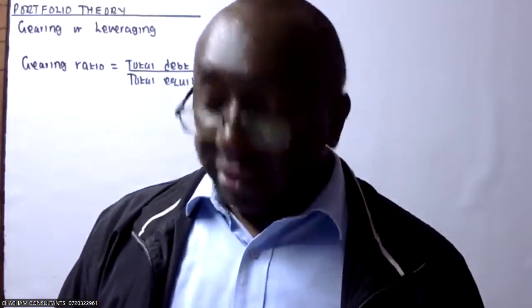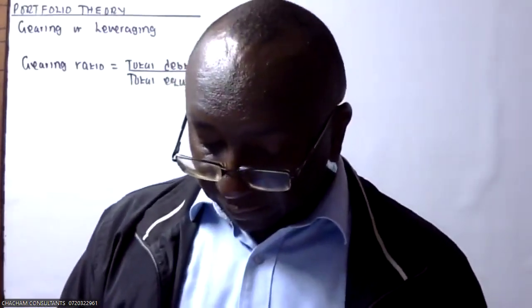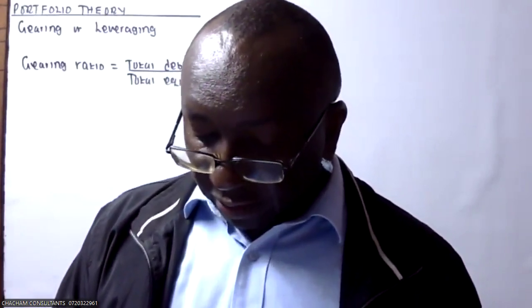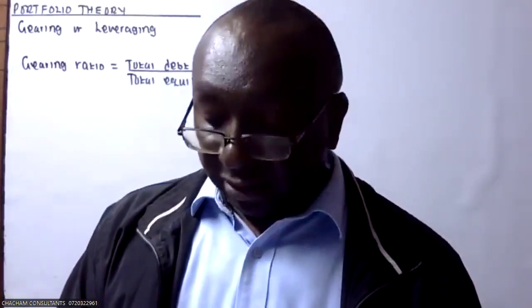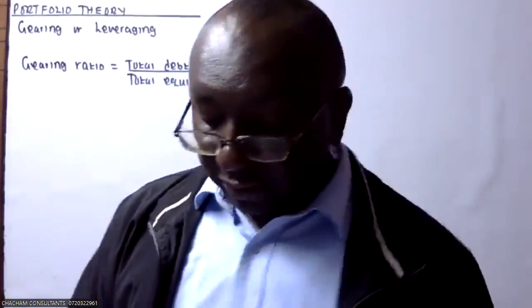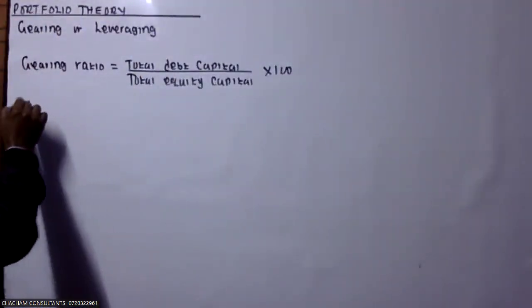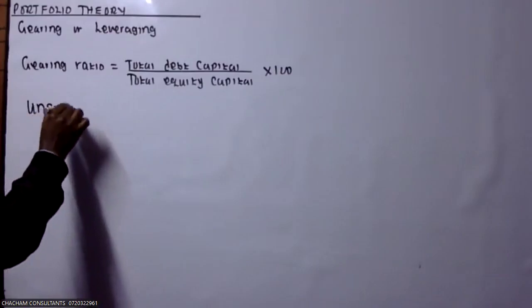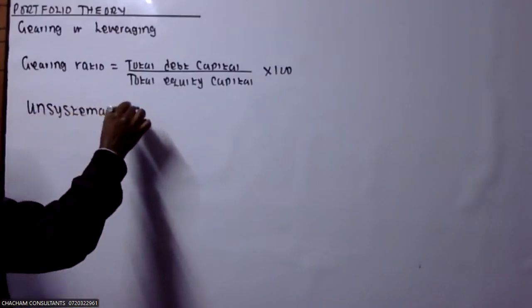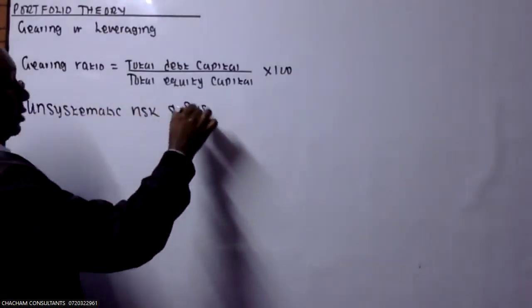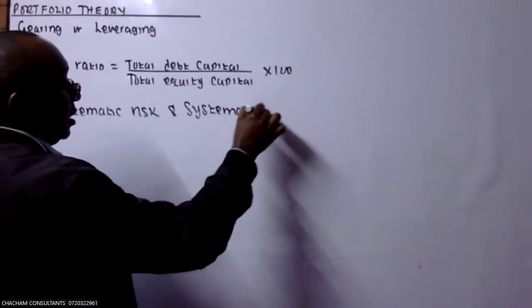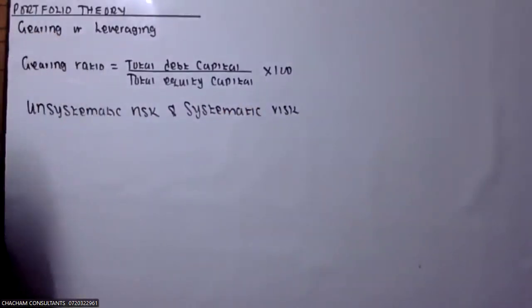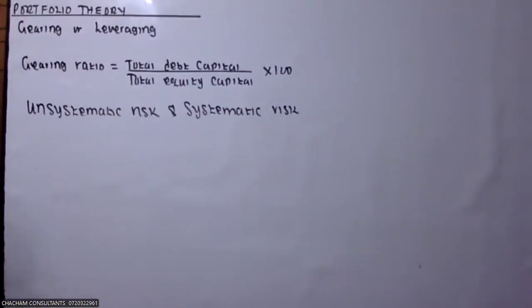Business risk, and we write that this is a combination of two types of risks, which are unsystematic risk and systematic risk. That's what we call business risk.